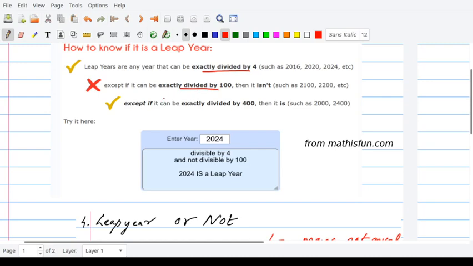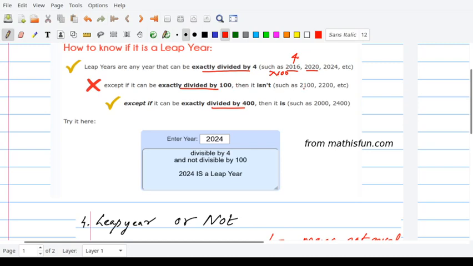But those years which can be divided by 400 are leap years. So years such as 2016, 2020, etc. are leap years because we can divide them by 4, but they are not divisible by 100. So these are leap years.